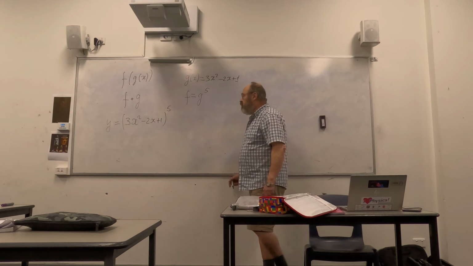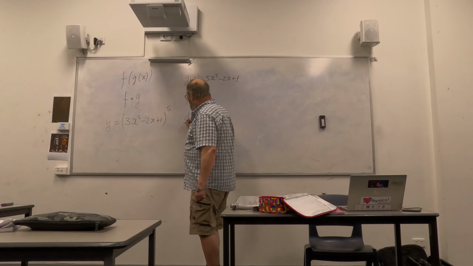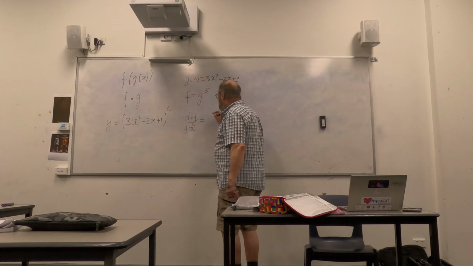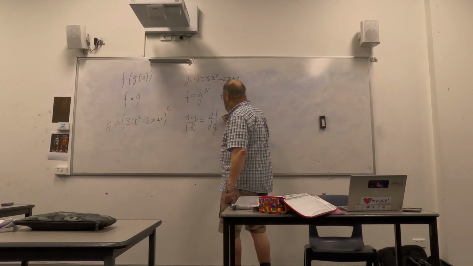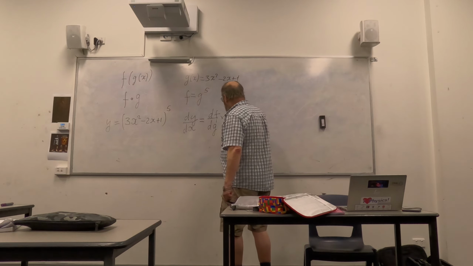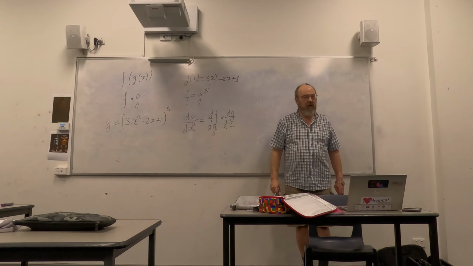The derivative dy over dx equals the derivative of the external function, df over dg, times dg over dx. We multiply derivatives.